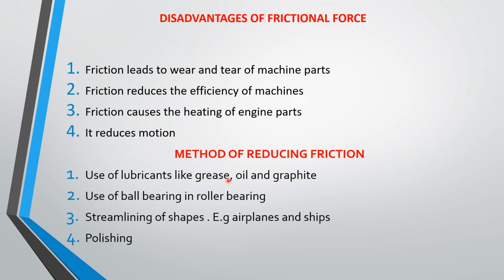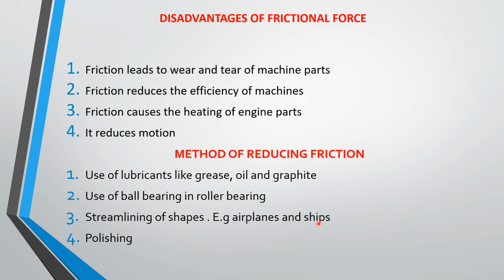Then also, use of ball bearings and roller bearings. Ball bearings reduce friction. You can also use roller bearings to reduce friction. Then streamlining of shapes, e.g. in aeroplanes and ships.